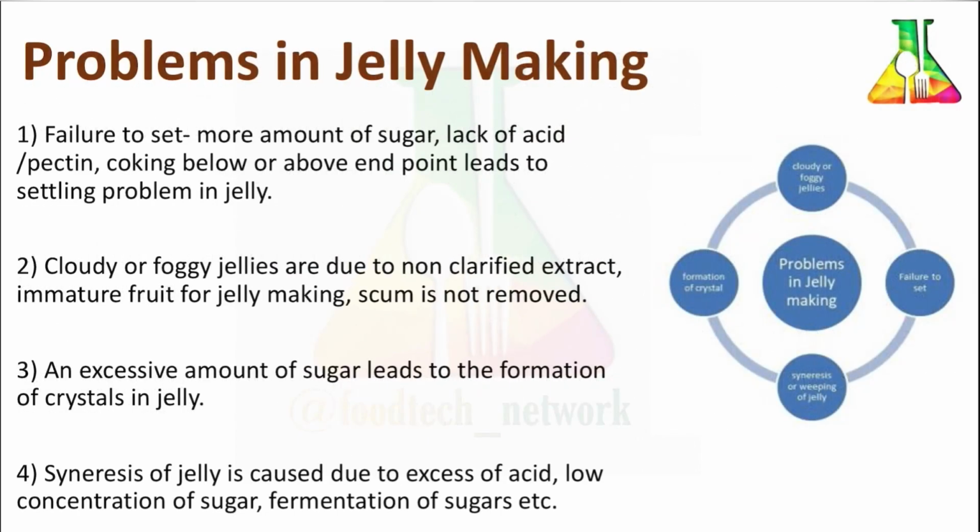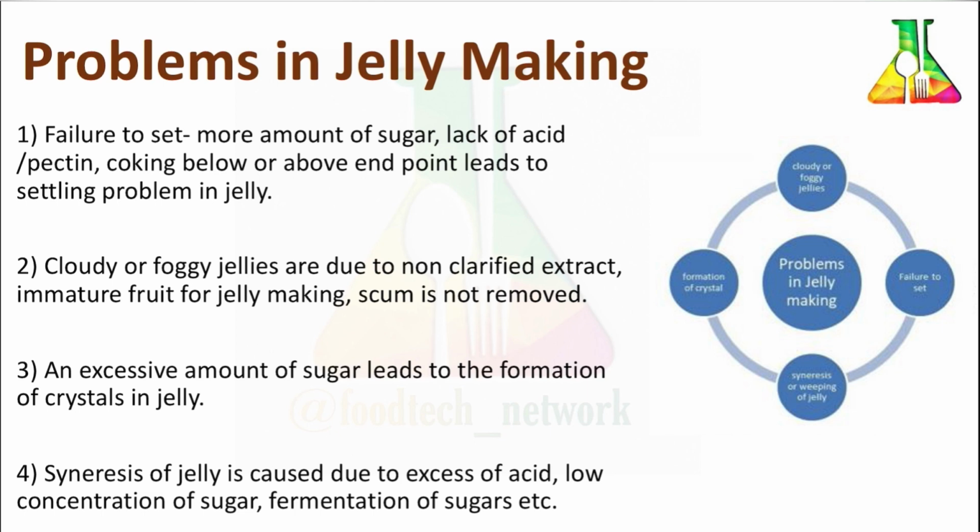Next, problems in jelly making. The first problem is that it fails to set. If there is more sugar, it will set easily, but if there is less sugar and pectin, it fails to set. Cloudy or foggy jellies are due to scum sometimes not being removed.